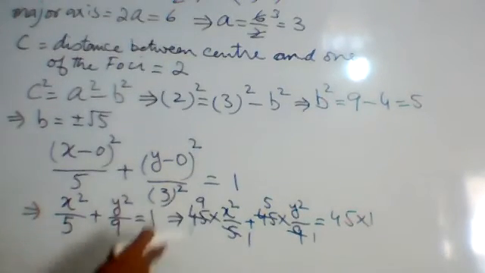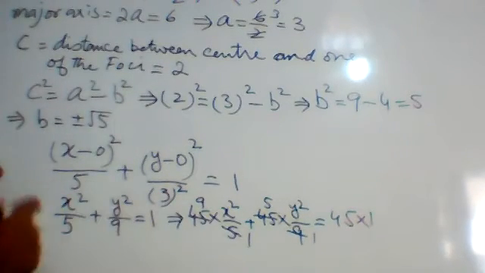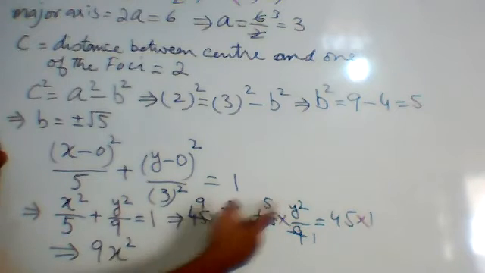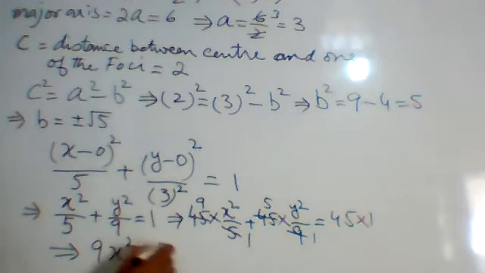So the answer will become 9x square plus 5y square equal to 45.